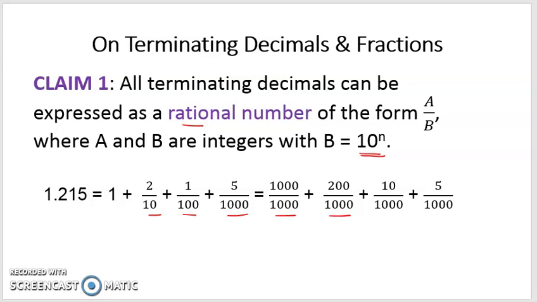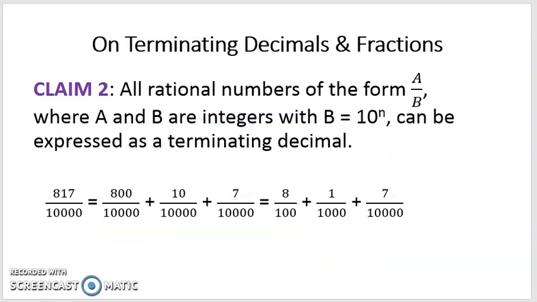The 1/100th becomes 10 over 1,000, and 5 thousandths just remains that. Add those all together, and you get 1,215 over 1,000. Now, of course, you can simplify that, but the claim is that any decimal that terminates can be written as a fraction over some power of 10. In this case, it's over 10 to the third.